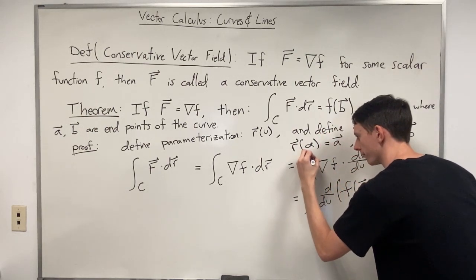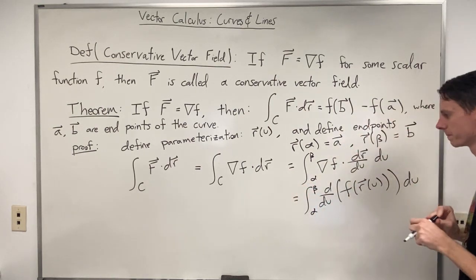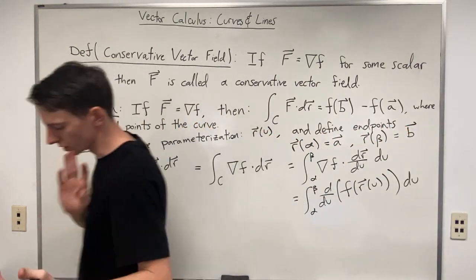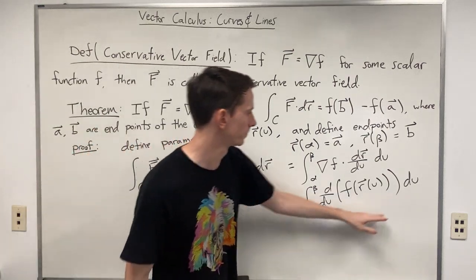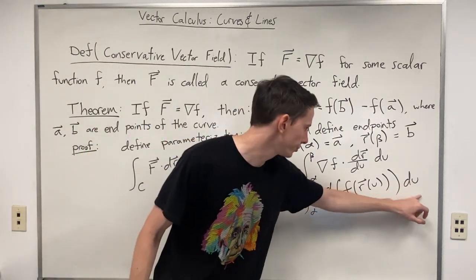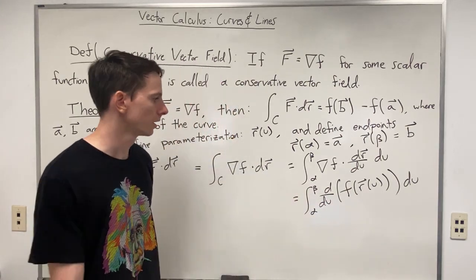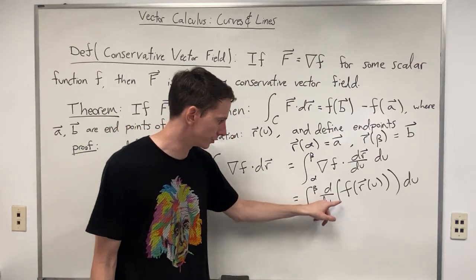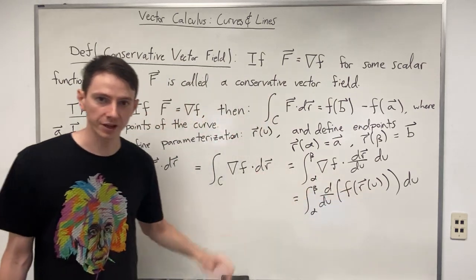So this starts at alpha and ends at beta, this starts at alpha and ends at beta. And now we just ask ourselves, well, what is the value of a definite integral where we are integrating over u and the integrand differentiates with respect to u? Well, that's simply just the value of whatever is in parentheses right here, evaluated at the endpoints, and you take their difference, right?